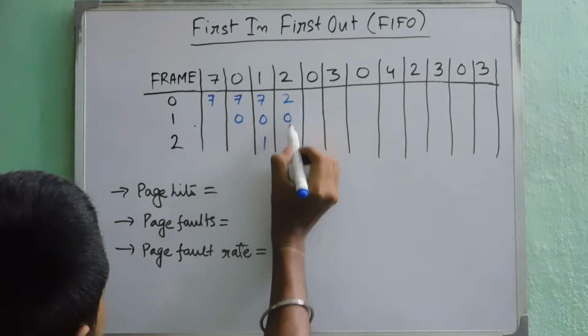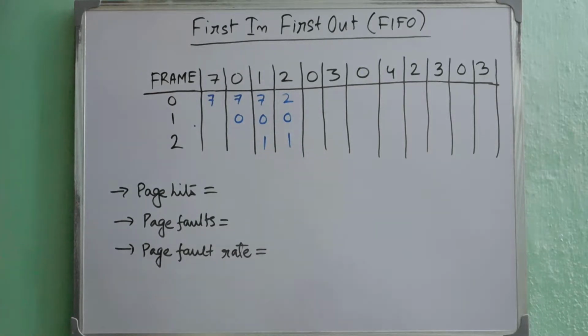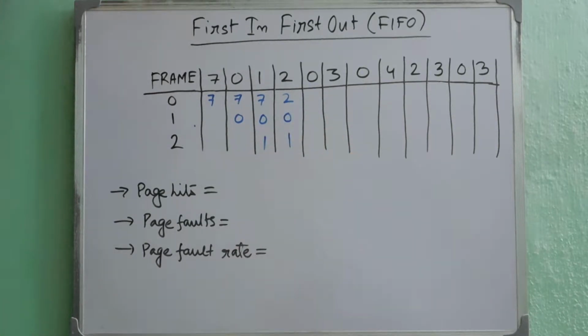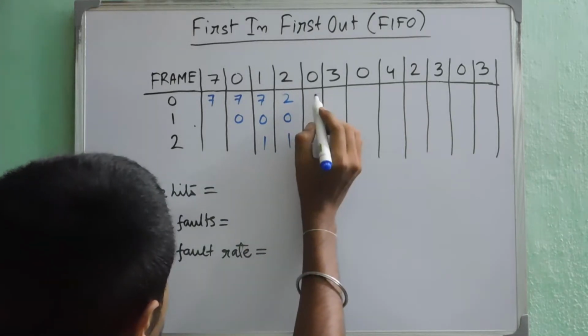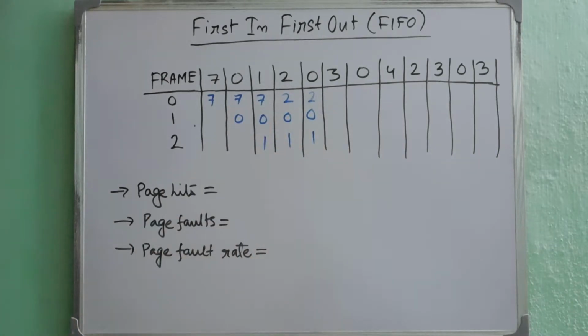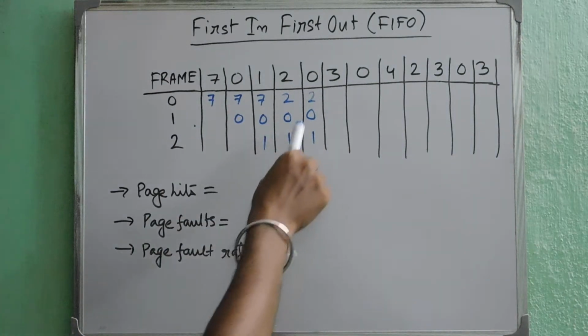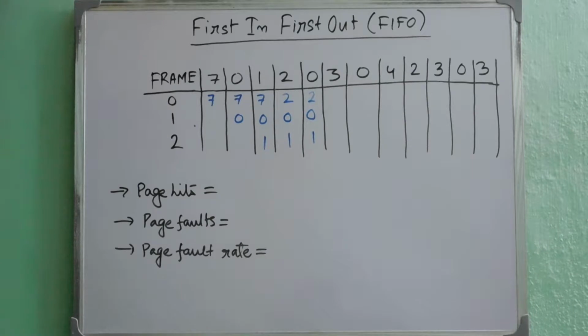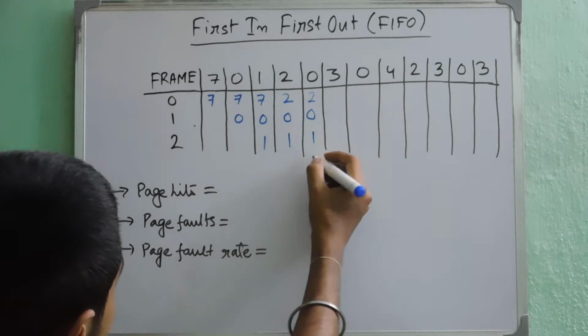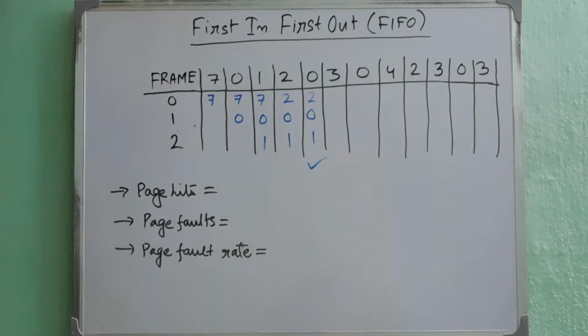So 2, 0, 1. Then we have 0. Now 0 is already there in the frame, so we will not replace anything and we will just write 0 here. This situation, when a page is not among the first 3 pages but is already there among the pages in the frames, is known as a page hit. So we will mark the page hit with a tick.